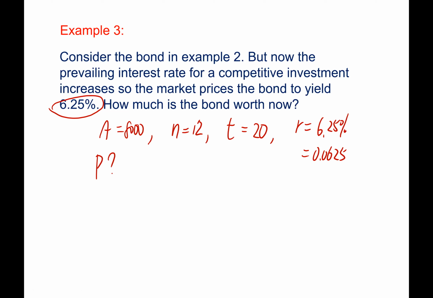Are we paying more compared to example 2, or are we paying less for this particular case? Any intuition? Anybody want to share your idea? Okay, no worry. You will see that in a second, once you perform the calculation. So try that yourself.